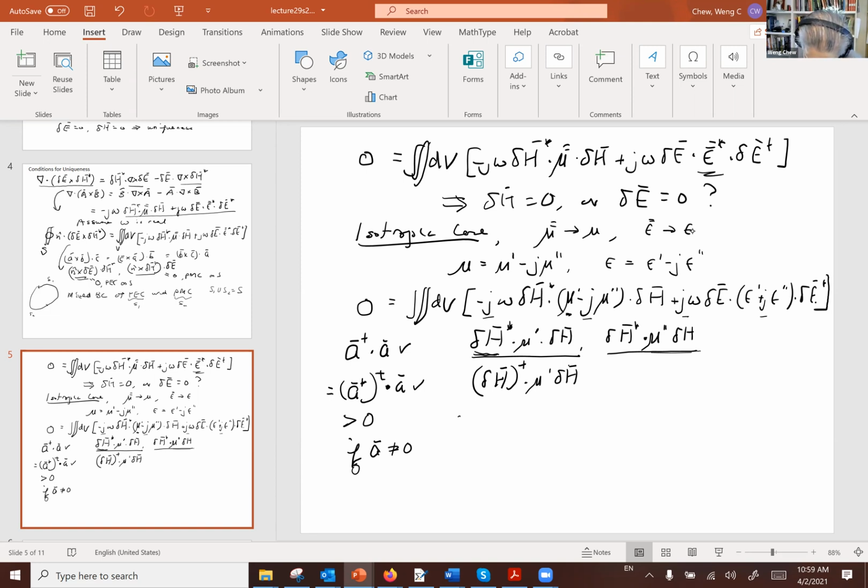So if I take the real part of the equation, I will pick up only this term. The other term will still remain imaginary. So I will have mu double prime delta H star dot delta H for the first term. And then for the second term, if I take the imaginary part, I will pick up this term.